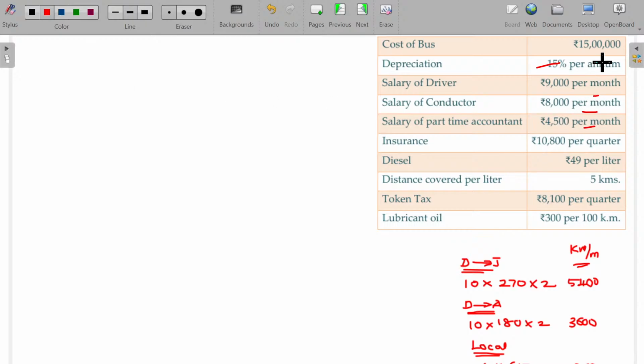All the details are on a per month basis, so it is better to calculate per month, or you can calculate per year and then convert it back to per month. So depreciation: 15 lakhs into 15% into 1 month. Depreciation per month being 18,750.